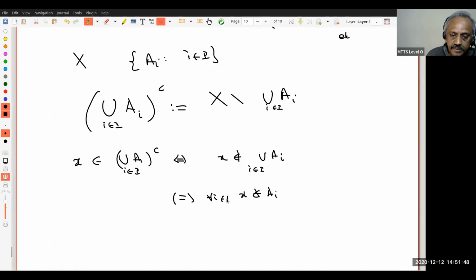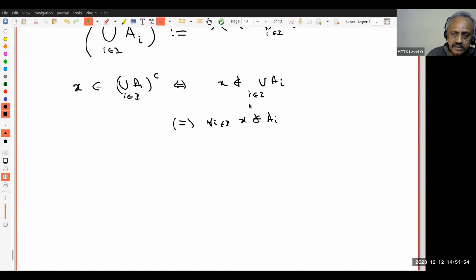Do you accept it? Because if for some j, x is in A_j, then it will be in the union. Therefore, x is not in the union if and only if x is not in any one of the A's. Maybe it will be easier for you to think of it that way. x is not in the union means x is not in any of the A's. Even if it is in one single A, it will be in the union. You follow that?